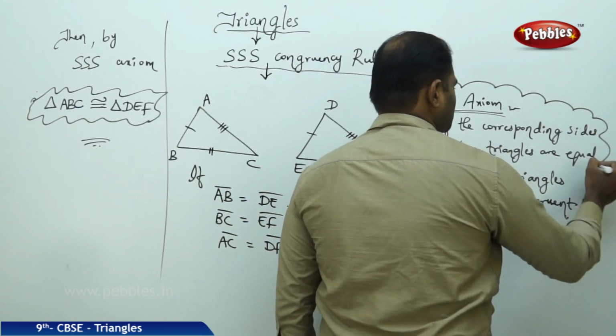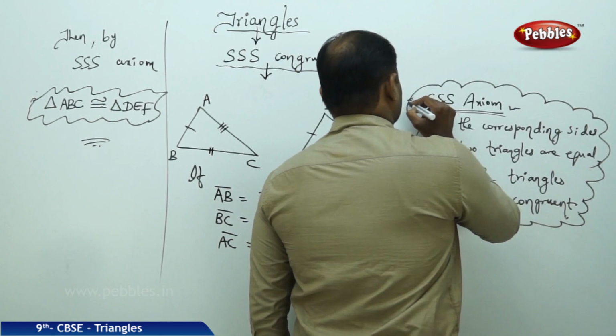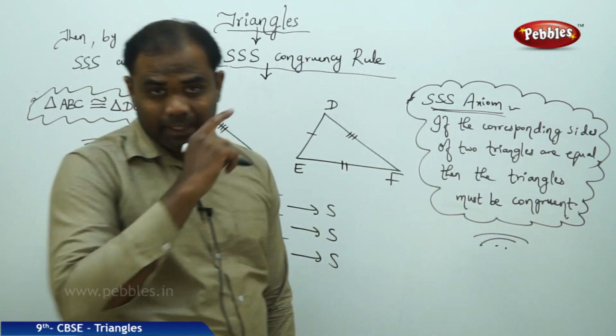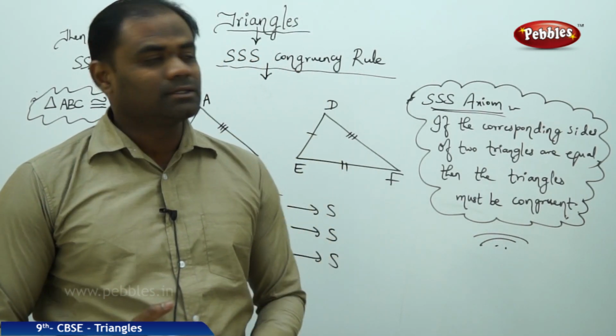This is how we understand the SSS axiom connected with the two triangles being congruent. Side side side axiom.